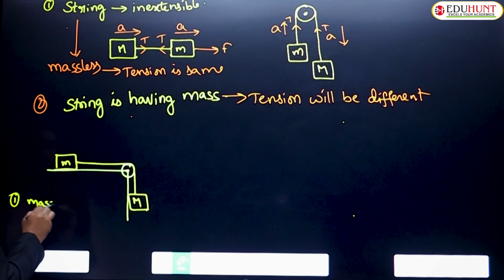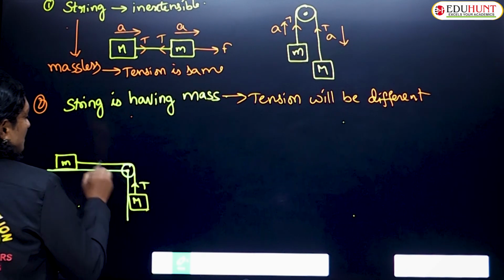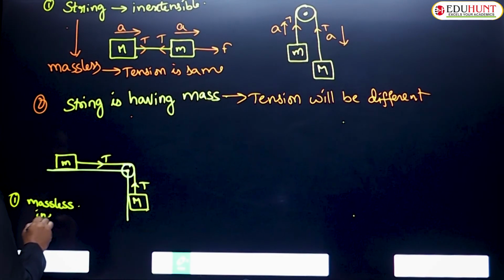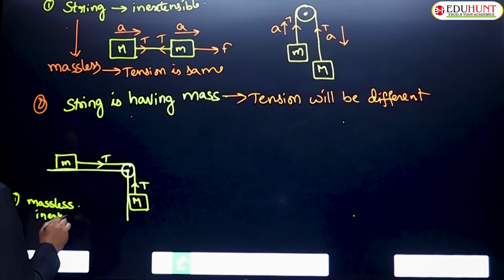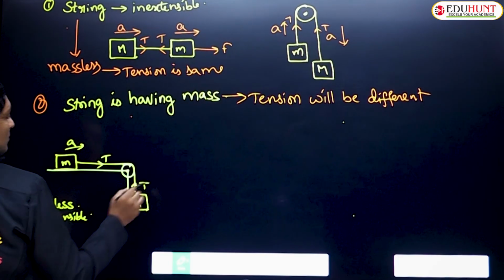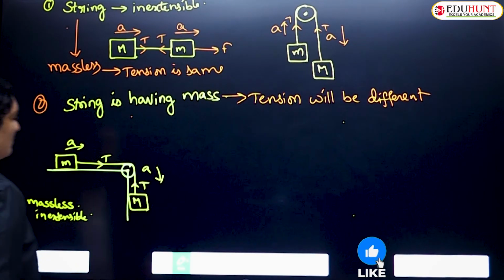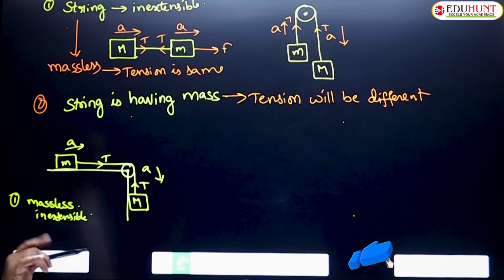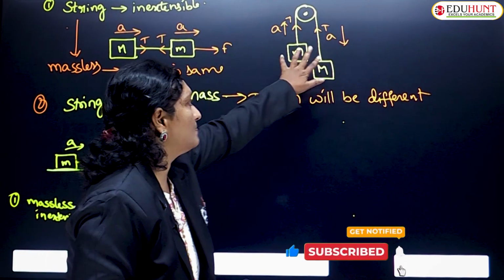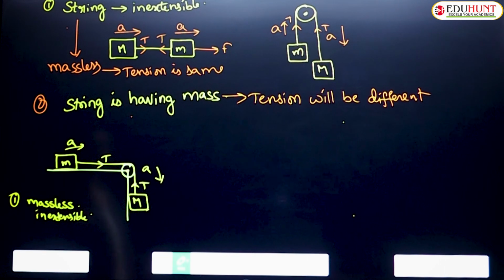If the string is massless, then the tension in the string will be the same. And if the string is inextensible, then the acceleration of both the blocks will be the same. These two things I have explained with this diagram, or the other picture. Three different cases, but the same condition.